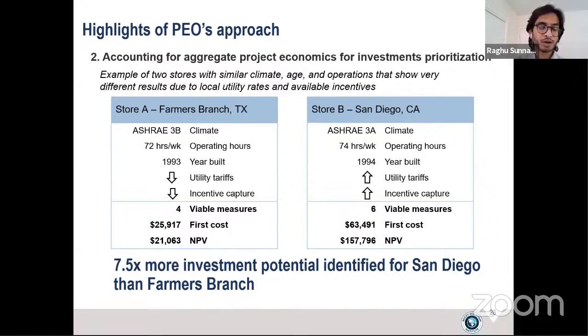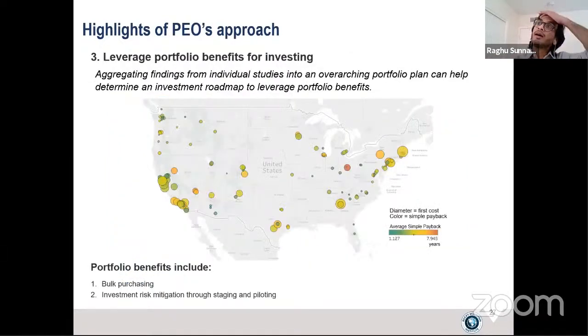And this ends up becoming a big factor at a portfolio level when we start doing these very specific mass customized studies at each store. And there's also the economies of scale that we can take advantage of as we start talking about larger portfolios.